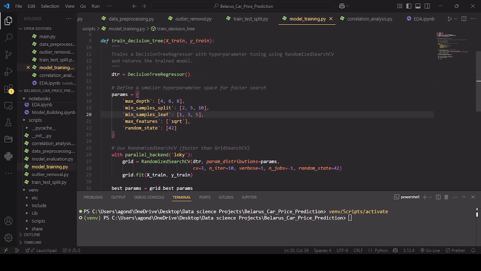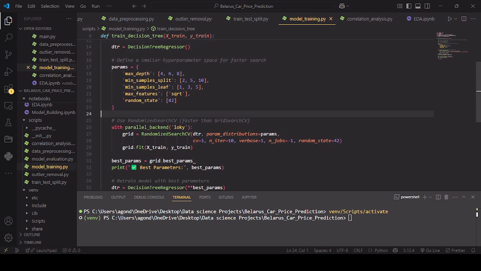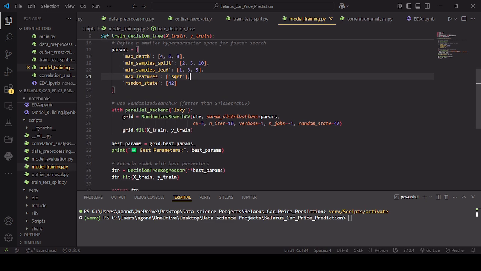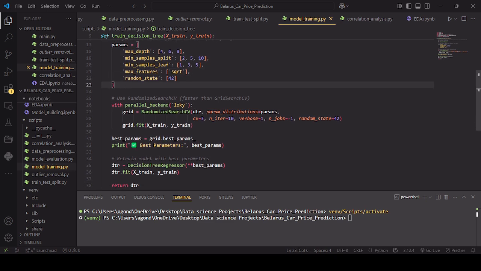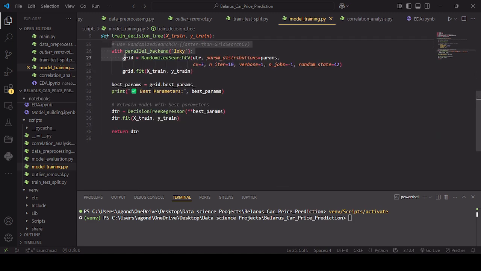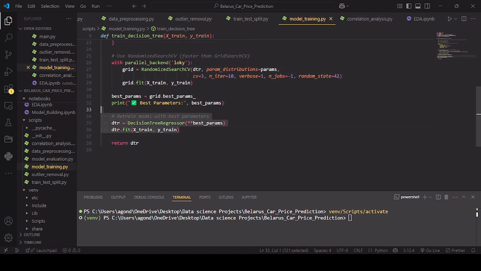Then we have taken the params of it as max depth 4, 6, 8, minimum split, minimum sample leaf and max features, and then we have defined the random part.